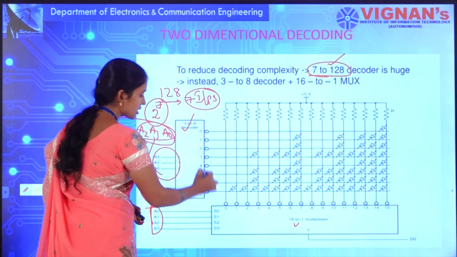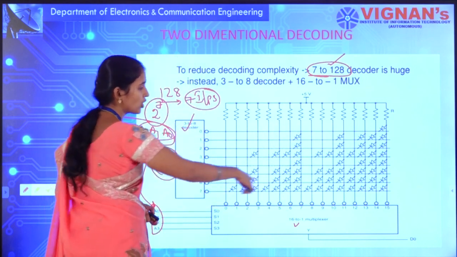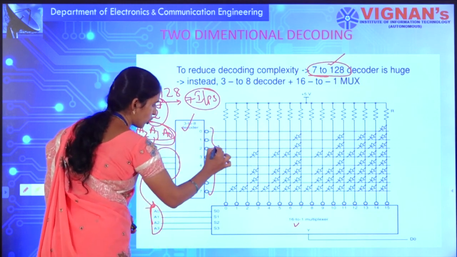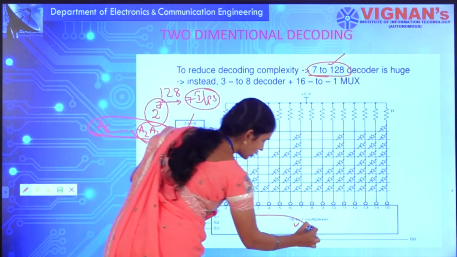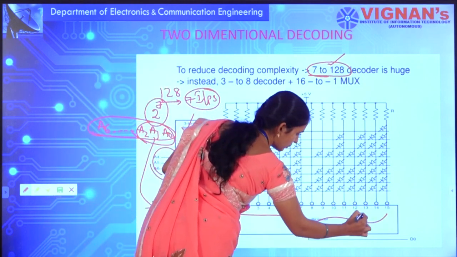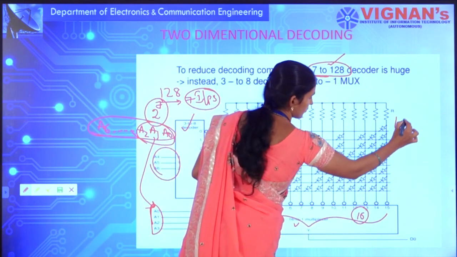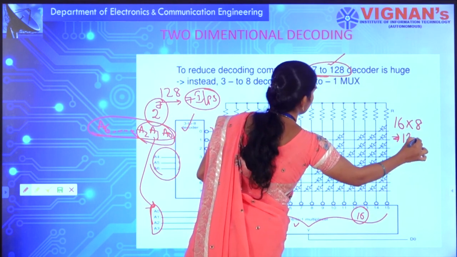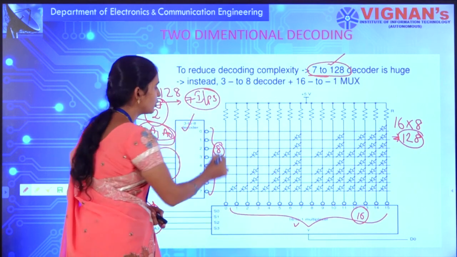And how many cross connections will there be? Here it is 0 to 7, that is 8, and here you can see 0 to 15, that is 16. So 16 into 8 means you will be getting 128 address connections.